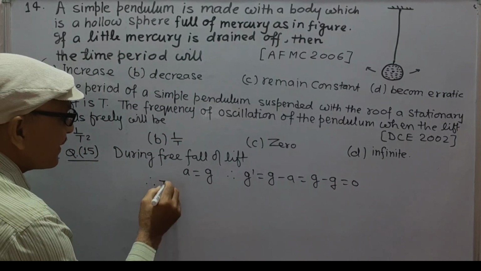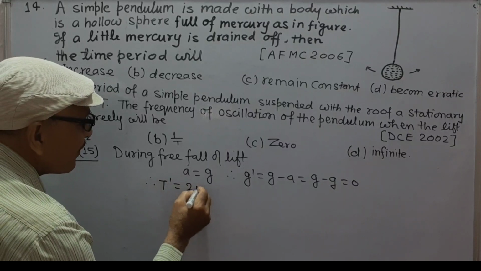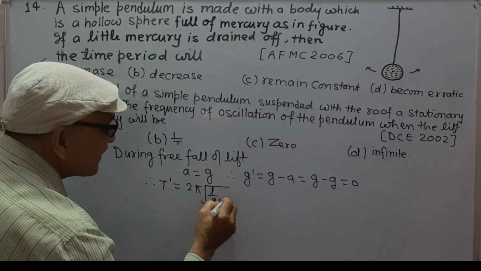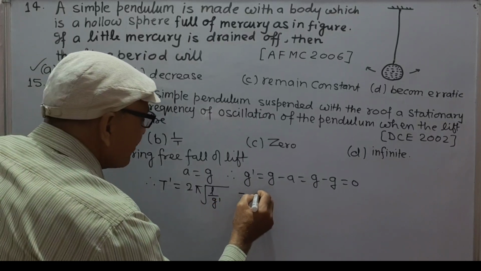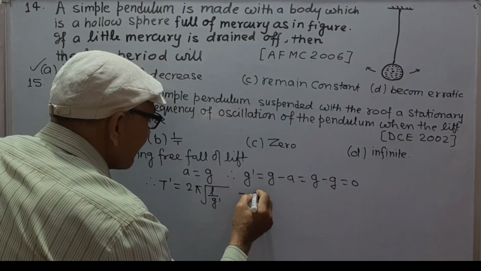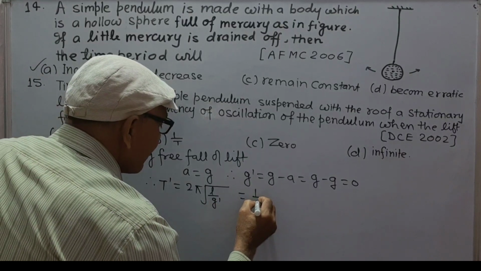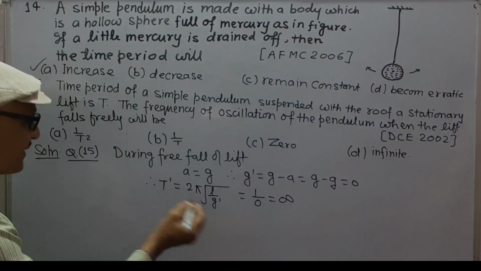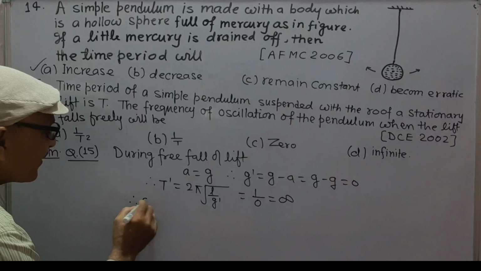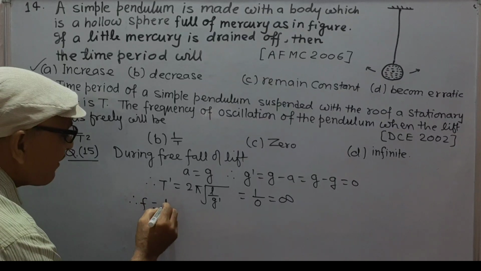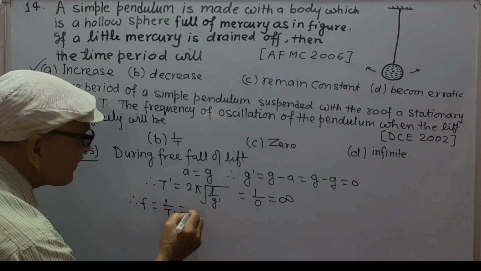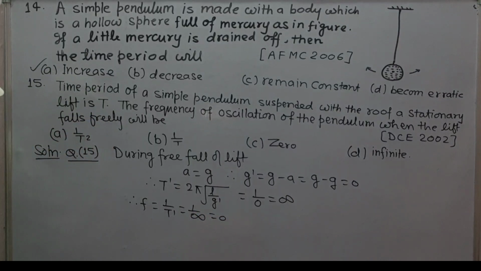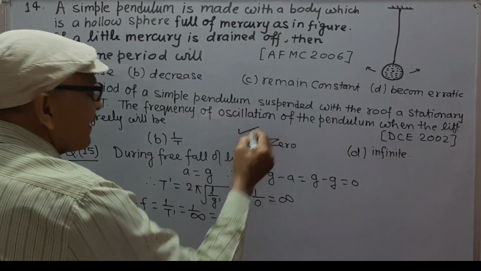Therefore T dash will be equal to 2 pi under root L upon g dash, means 1 upon 0, gives infinity. Time period is infinite, therefore frequency will be equal to 1 upon T dash, means 1 upon infinity, means 0. So the correct option will be 0.